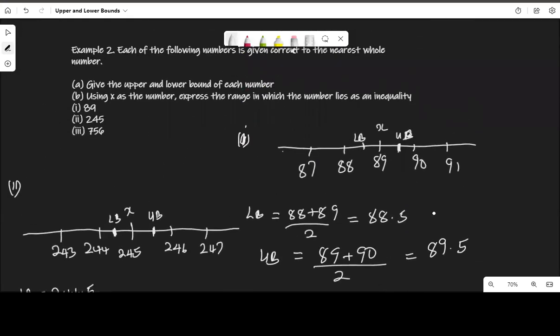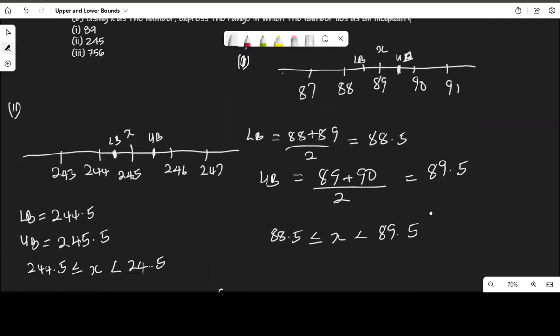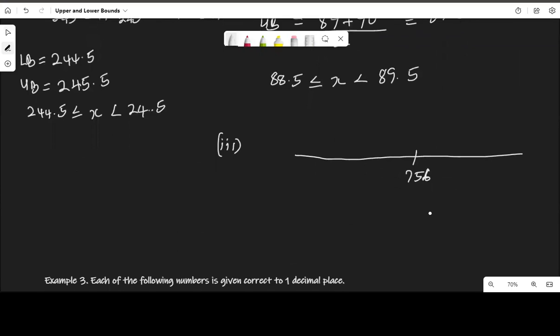Each of the numbers is given correct to the nearest whole number, meaning there was a value before it was rounded to the nearest whole number. So what is that value? That is what they're asking us.